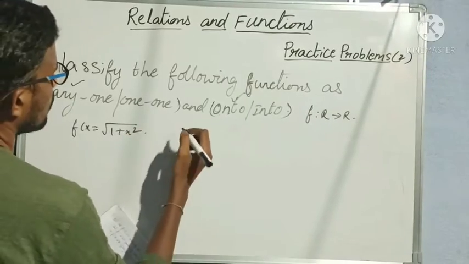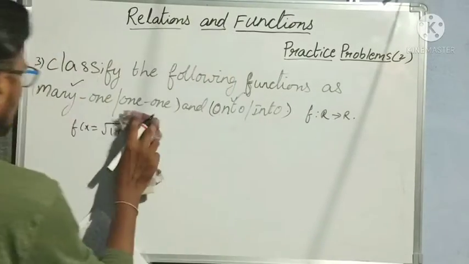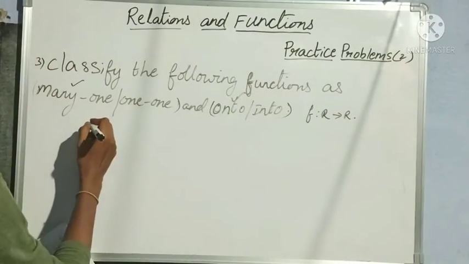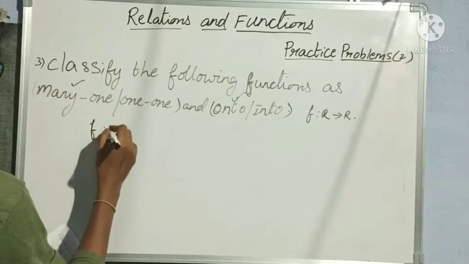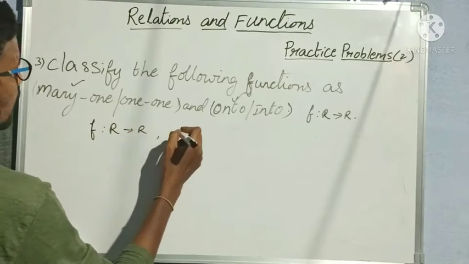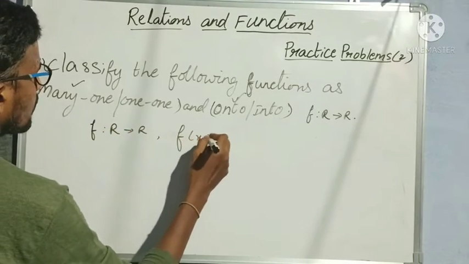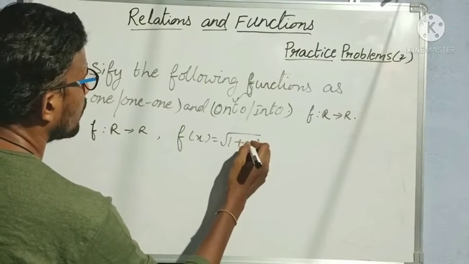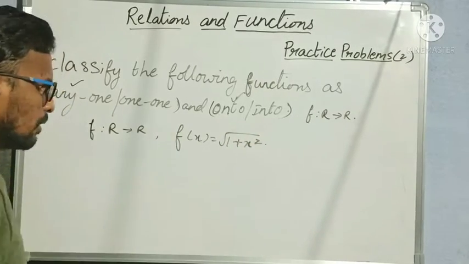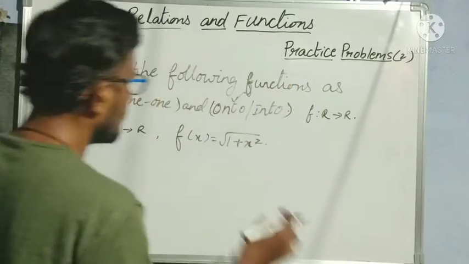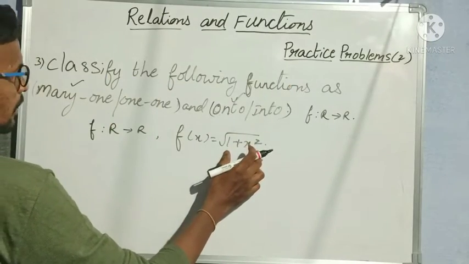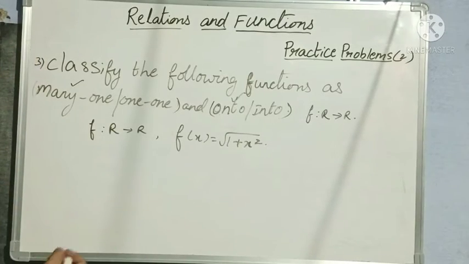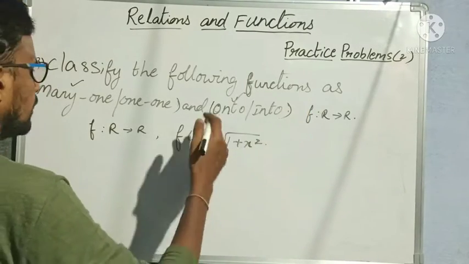So here also f from R to R. Clearly by seeing this we can say that this is a quadratic polynomial, and quadratic polynomials definitely give a parabola.